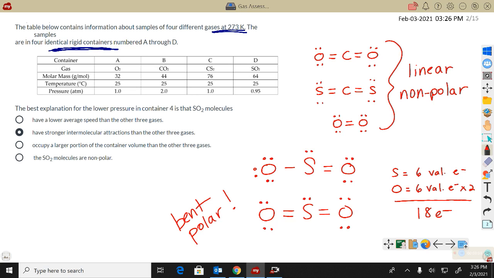And when I find a polar molecule versus the other 3 that are nonpolar, these gas particles aren't really supposed to be attracted to each other. But if they're polar, then the intermolecular forces are a little bit more significant. The particles are a little more attracted to each other, and then the pressure might not be quite as high as I expect.